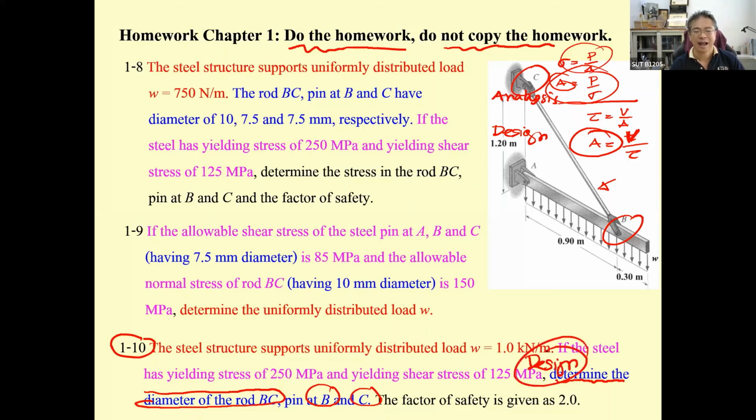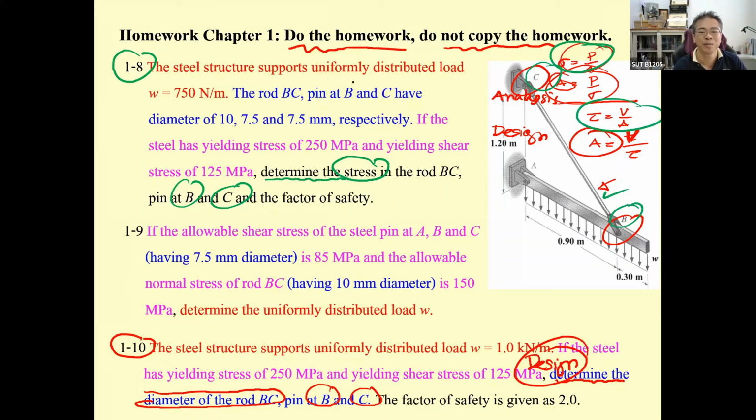And then another one. Let's talk about this one first, 1.8. This one is asking you to determine the stress in the rod BC, and at the pin B and the pin C. This one is going to be the analysis to determine the stress.